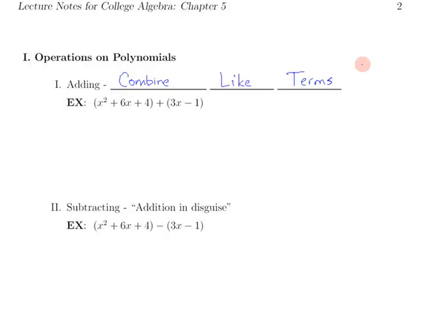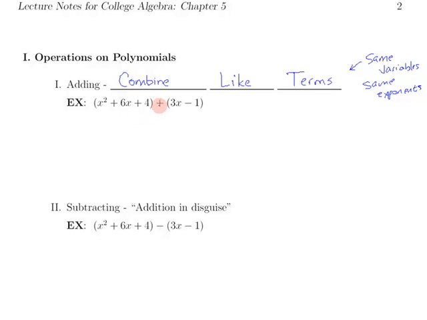All right, that means same variable with the same exponents. Those are like terms. So in this example here, we're going to want to simplify this expression by combining all of the like terms that we have.